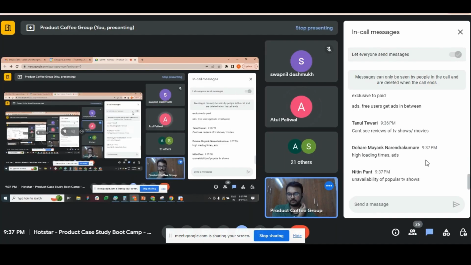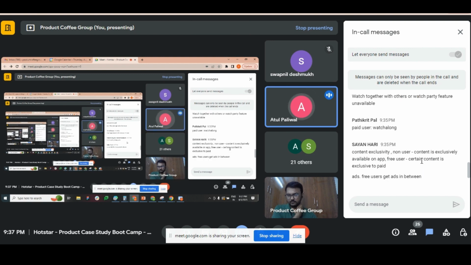Atul, yeah. Nowadays, content is OTT platform specific. Some content is available on Amazon, some content is available on Netflix. So one cannot buy all of the subscriptions. So that is one more point which paid users are facing.